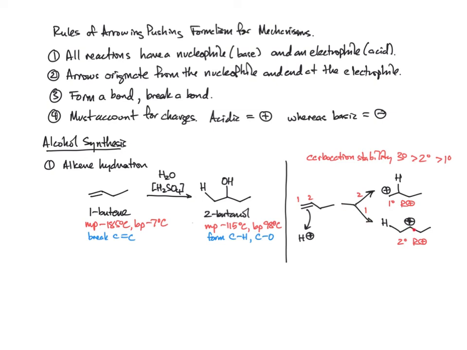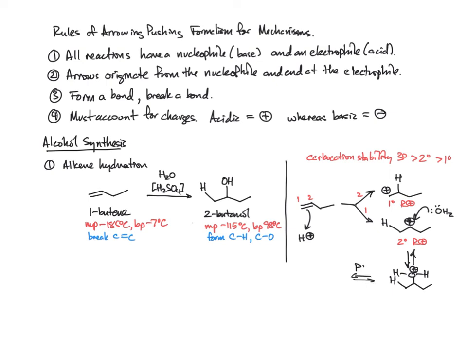Now this is the electrophile. We're in the presence of water, which is a nucleophile. The nucleophile is supplying the electrons to the electrophile. We see that the oxygen's still protonated, so we have to do a proton transfer.